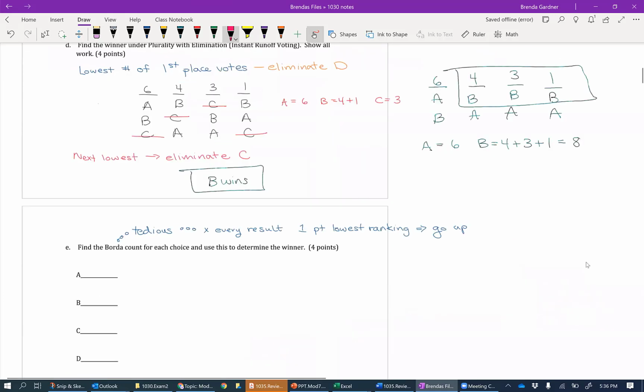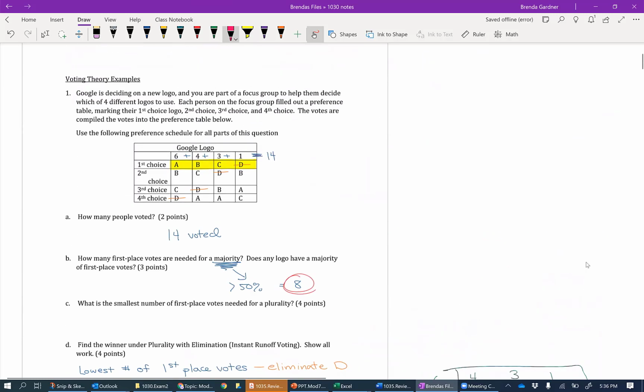So like if I'm looking at A versus B, go back to before I had erased all of these. A versus B, A versus B, and A versus B. And you want to know how many times is one ahead of the other. So A versus B, A gets the 6 people over in the first column.